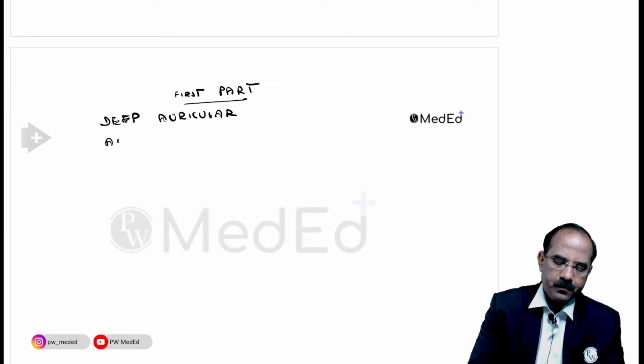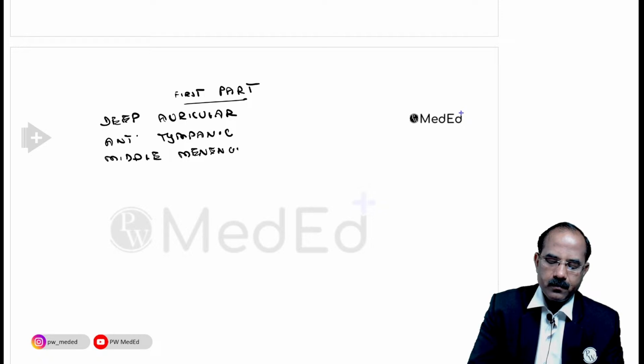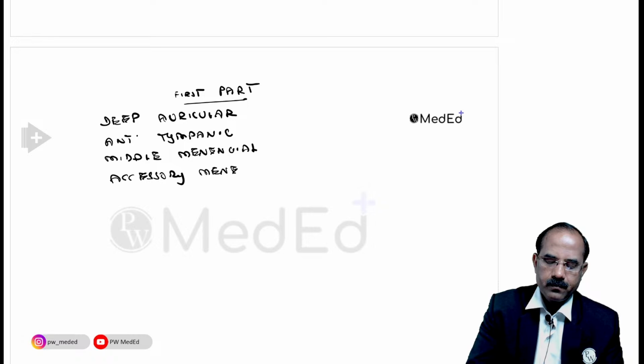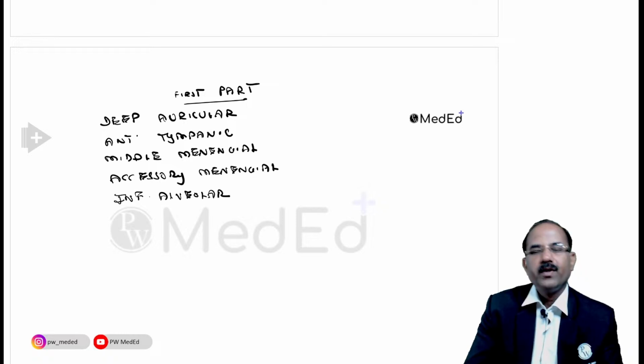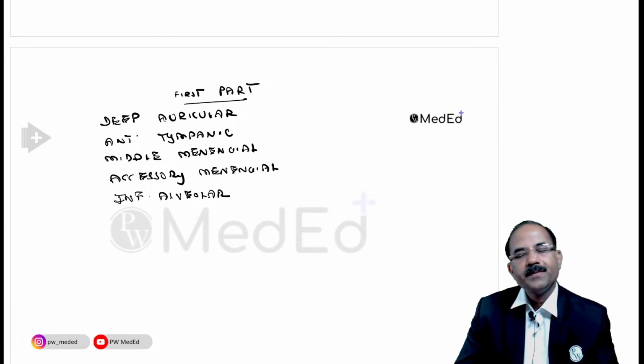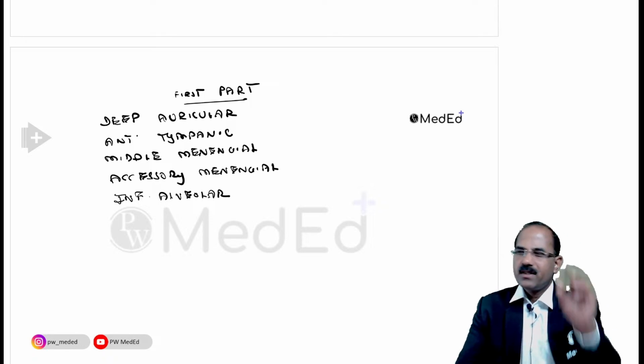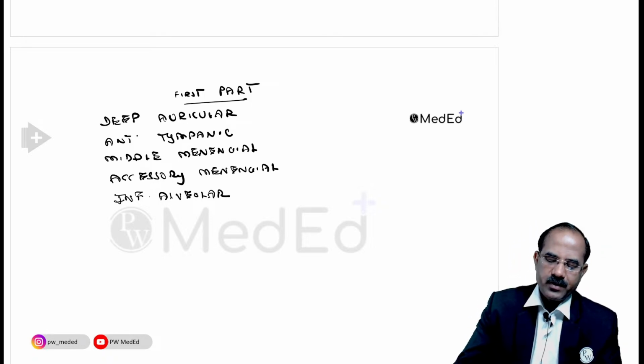Deep auricular, anterior tympanic, middle meningeal, accessory meningeal, and inferior alveolar. So deep auricular, anterior tympanic, middle meningeal, accessory meningeal and inferior alveolar. You have to remember all of these. Just remember these branches. That's the first part.